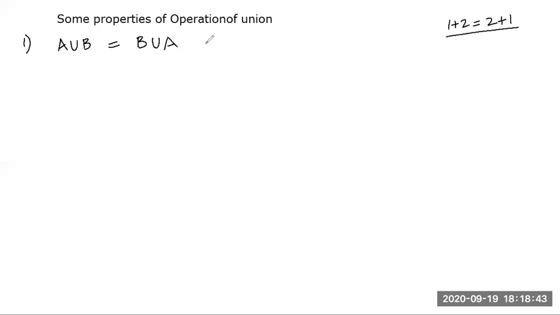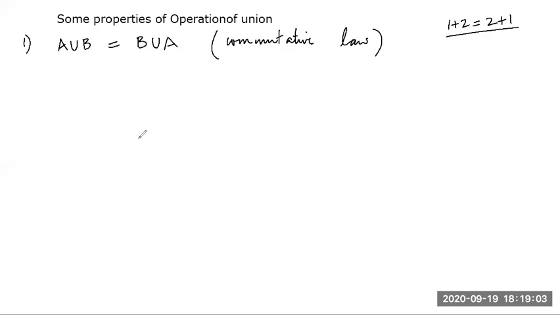So guys, the first property, which I've already mentioned, is A union B is equal to B union A. It's like we say in the commutative law, 1 plus 2 is equal to 2 plus 1. So it's similar to this, it is commutative. I'll write this as commutative law. The union of sets A and B follows the commutative law.